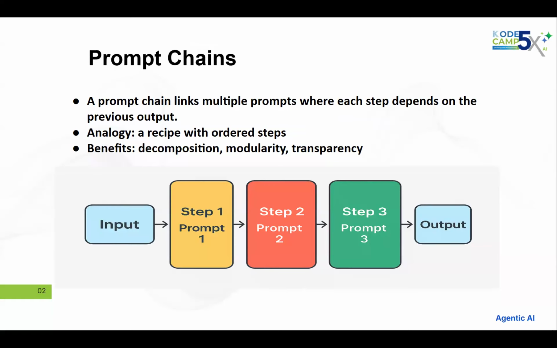A prompt chain is really like, let's assume you have a task that can be decomposed into multiple steps, such that the results from one step serve as the input to the next step. So prompt chaining allows you to solve such problems by decomposing.